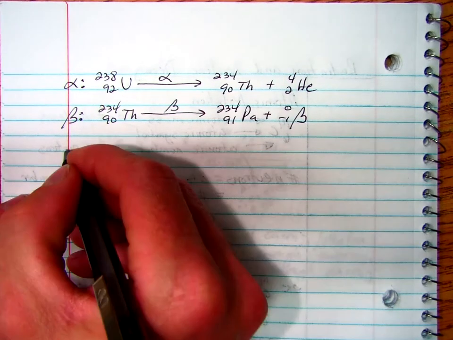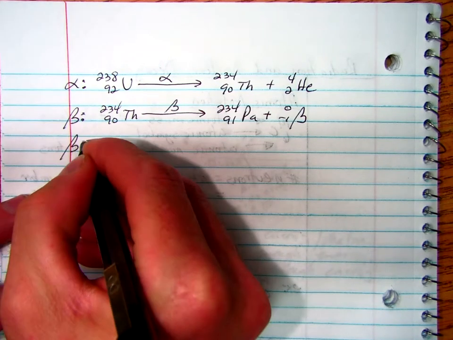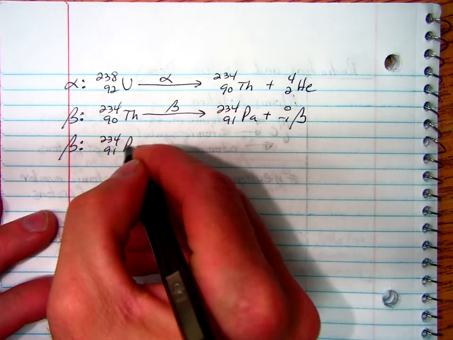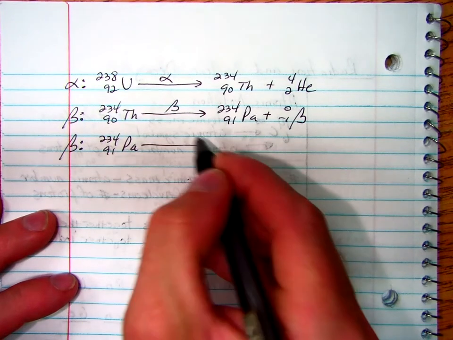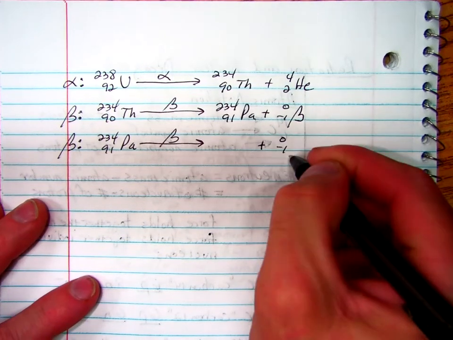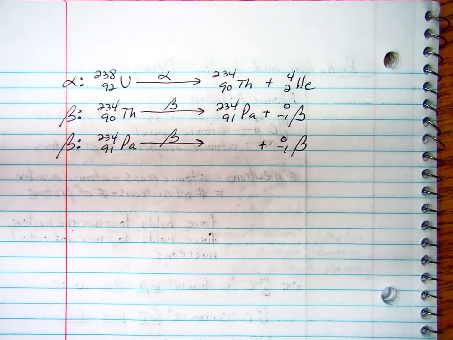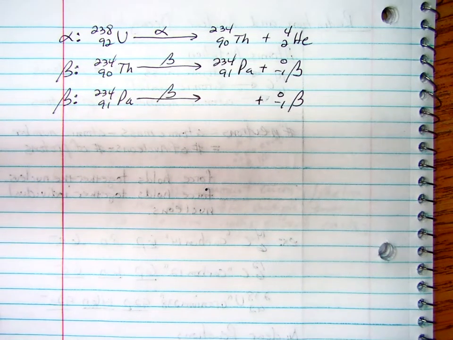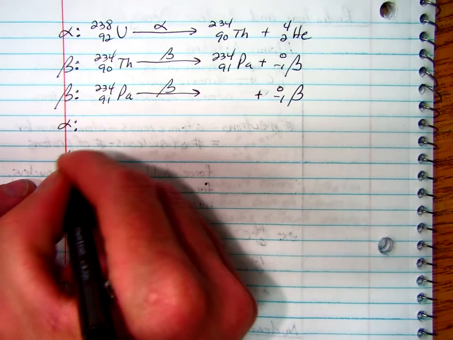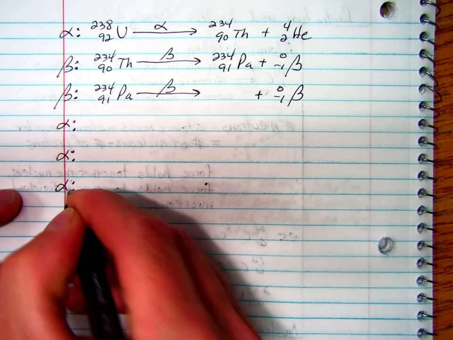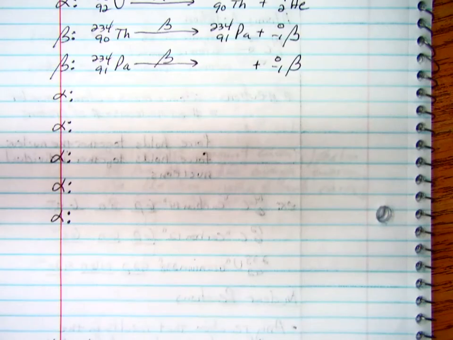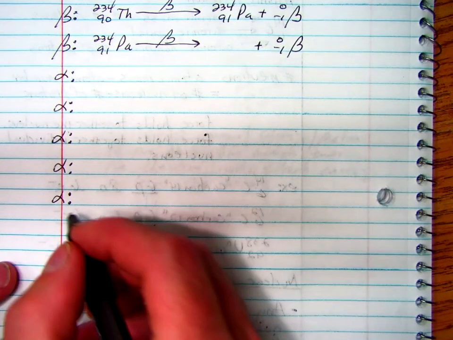Then the protactinium undergoes beta decay. And we get some new nucleus plus a beta particle. And you need to figure that out. In addition, we have 5 more alpha decays. Need to figure out each one. Then the new nucleus undergoes 2 beta decays.